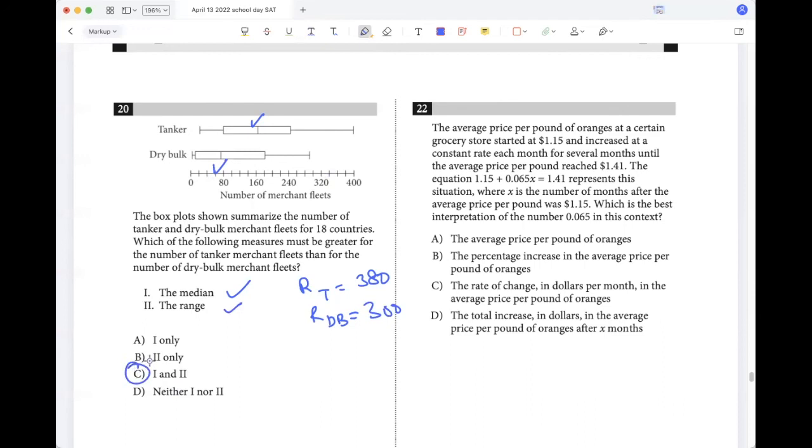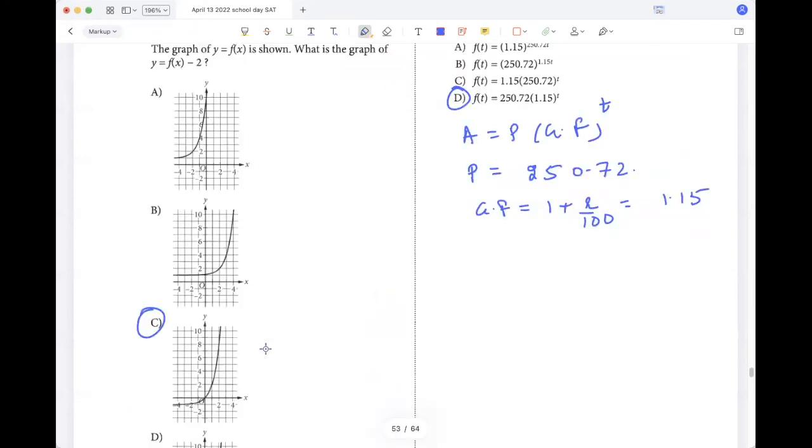Okay, let's grade these first 20 questions. So I have the answers here. Oh, what is this? Yeah, this is no calculator. Yeah, this is calculator. So we'll start with the first one.